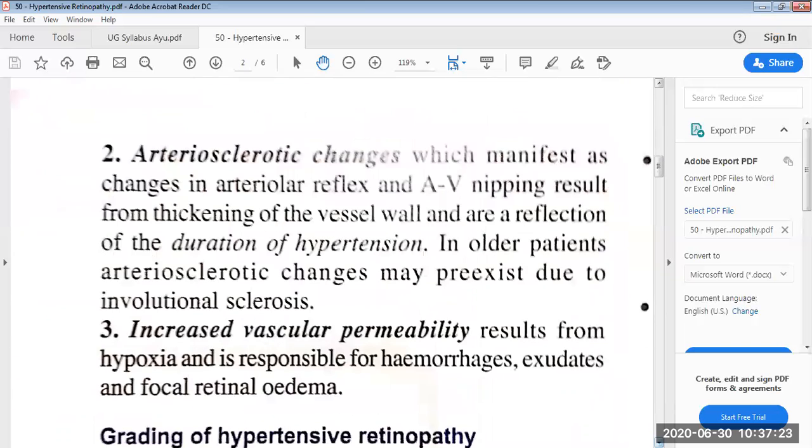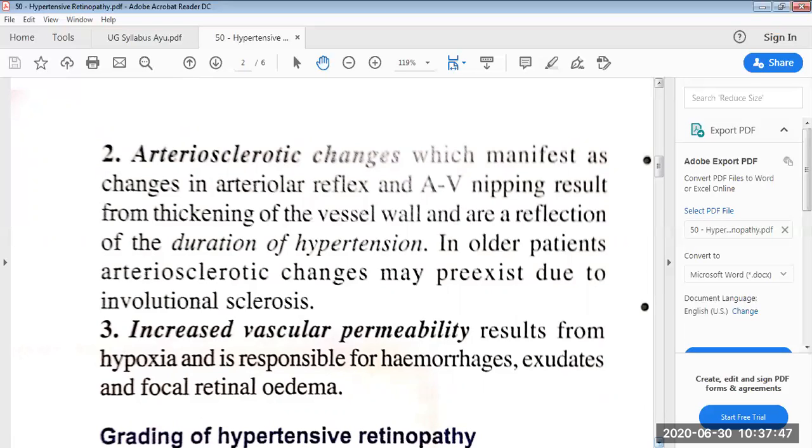Then the second factor is the arteriosclerotic changes, which manifest as changes in arteriolar reflex and AV nipping result from thickening of the vessel wall and are a reflection of the duration of hypertension.